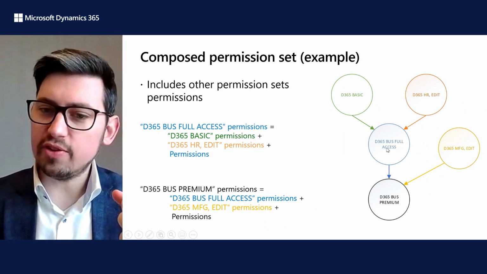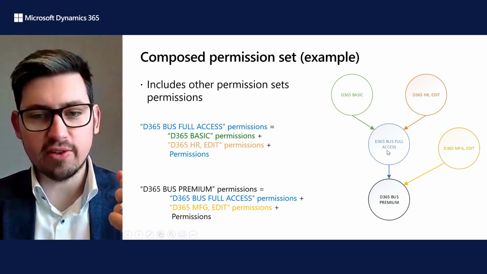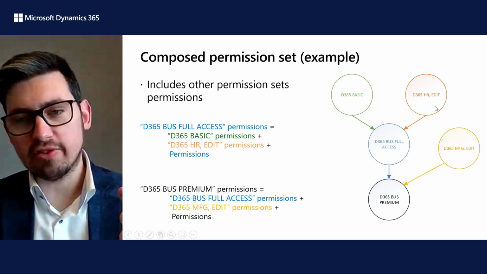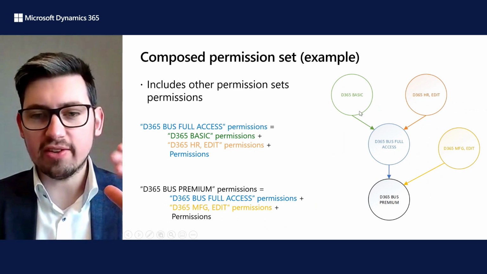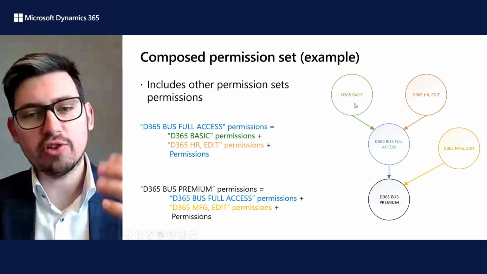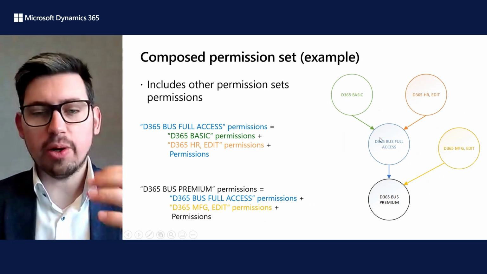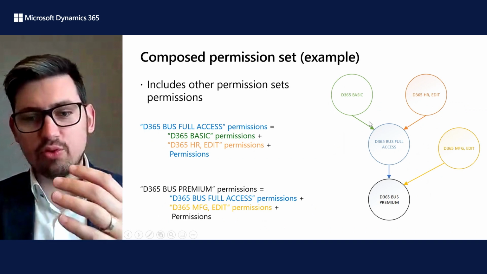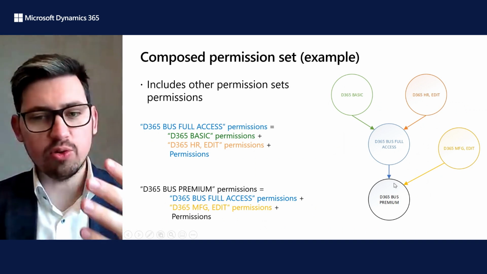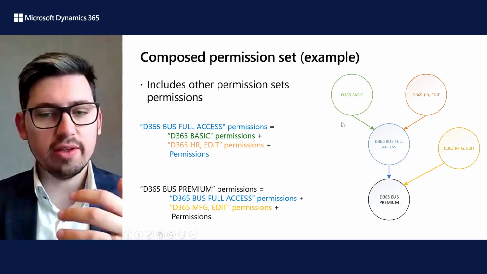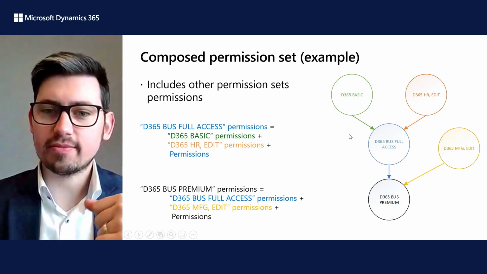And we can see that this permission set, Dynamics 365 Business Full Access, includes other permission sets. And the whole idea is that all the permissions flow down from any leaf of the tree to the root, meaning that Dynamics 365 Business Premium includes the permissions of all the included permission sets.